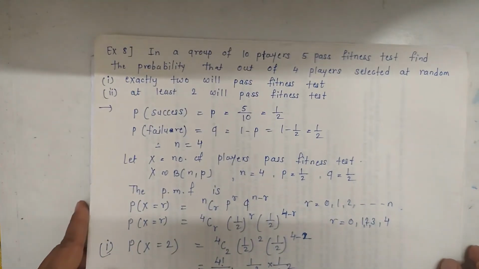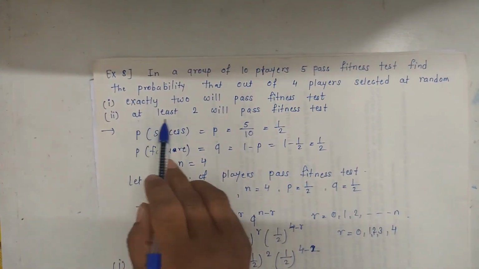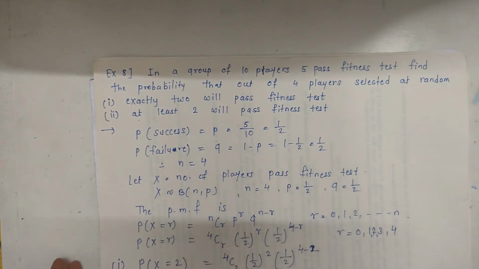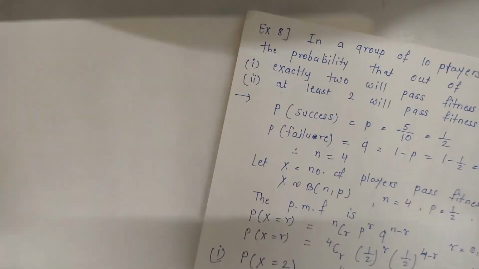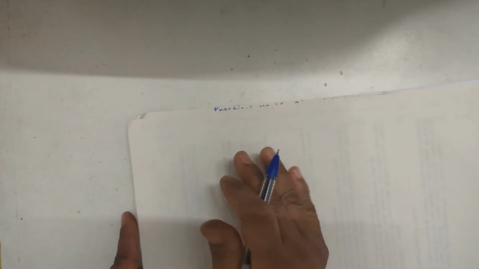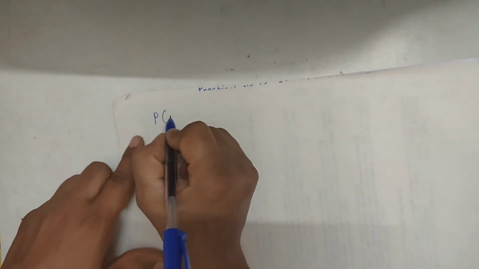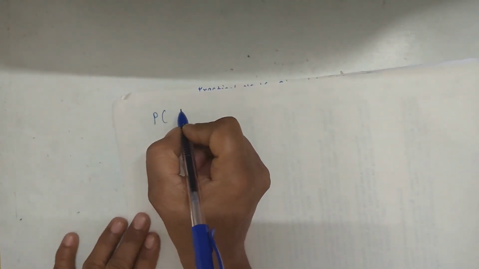Now next, the probability for at least 2 will pass the fitness test. So here we have to find the probability that at least two will pass the fitness test, that is, the minimum value is 2.